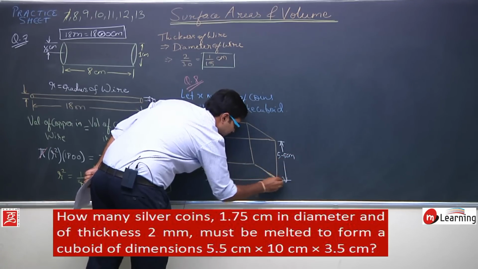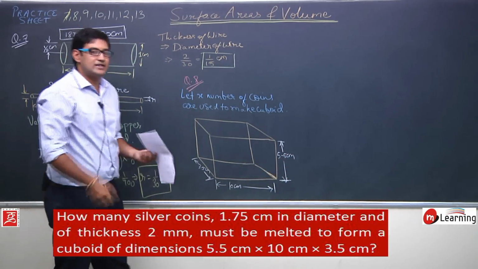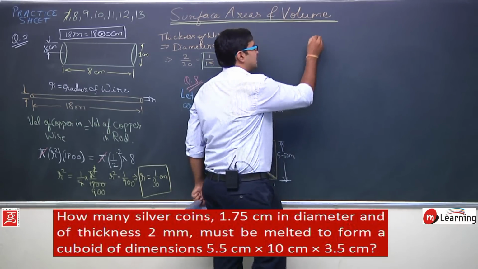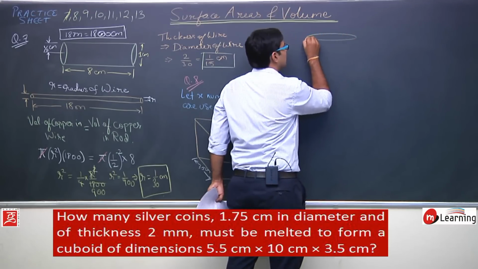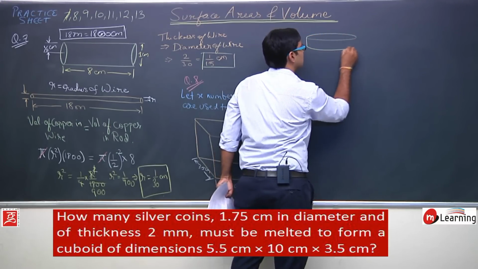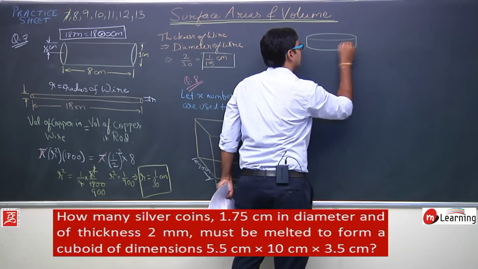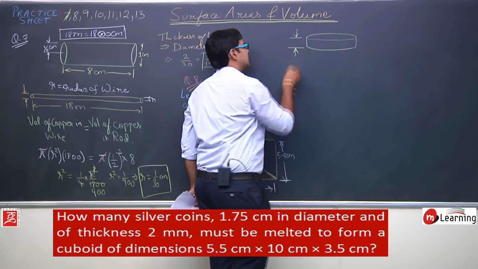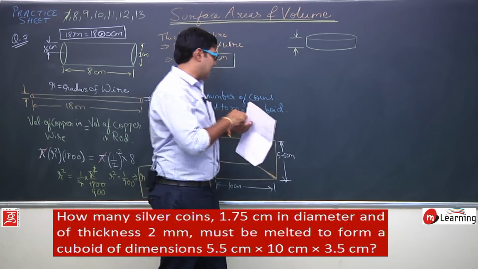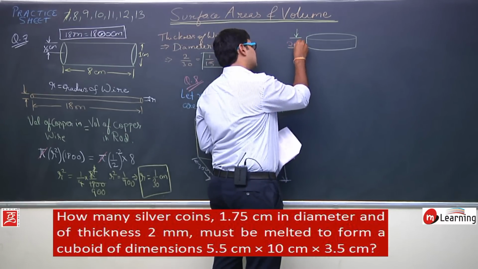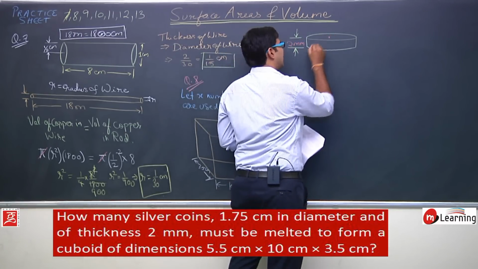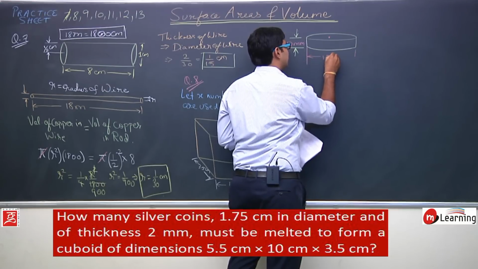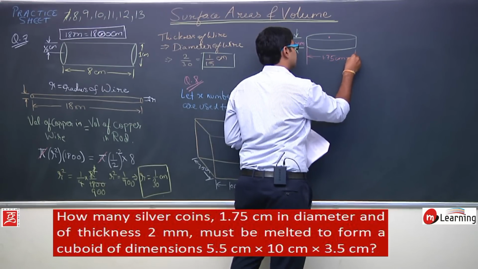So I need to make this cuboid, and to make this cuboid I need silver coins. The dimensions of silver coins are, this is a silver coin, the length or the height or the thickness of this silver coin is given as 2 millimeters, plus the diameter of the silver coin is given as 1.75 centimeters.